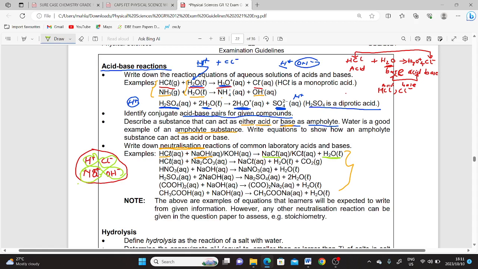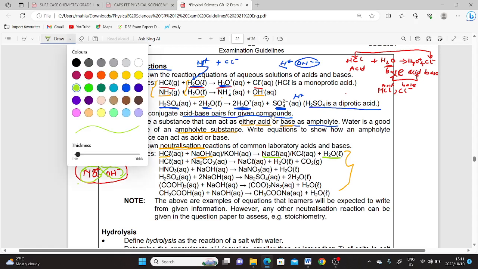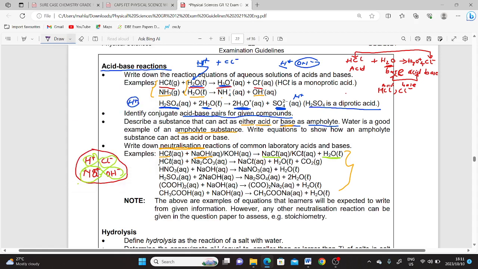Now, the other one, if we have HCl being neutralized by a base, sodium carbonate, it means we're going to have them ionizing again, and then after ionizing they will pair. So the Na plus and Cl minus will come together.